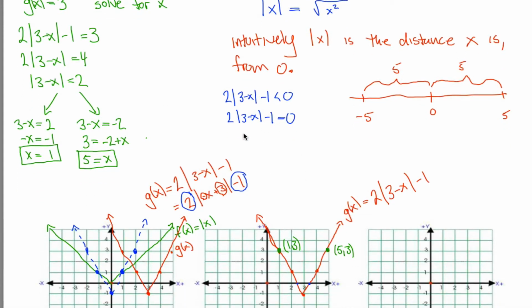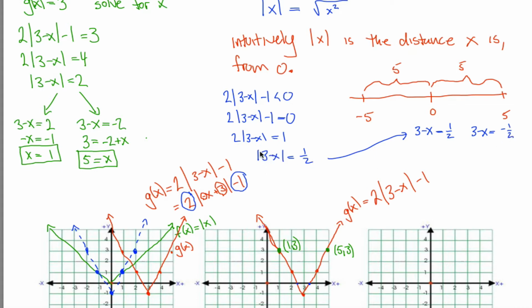So I could add 1 to both sides of the equation and say the absolute value of 3 minus x is equal to 1/2 after I divide both sides by 2. And so what that tells me is that this thing inside the absolute value symbol either equals 1/2 or it equals negative 1/2. Because if it equals 1/2, the absolute value of 1/2 is 1/2.